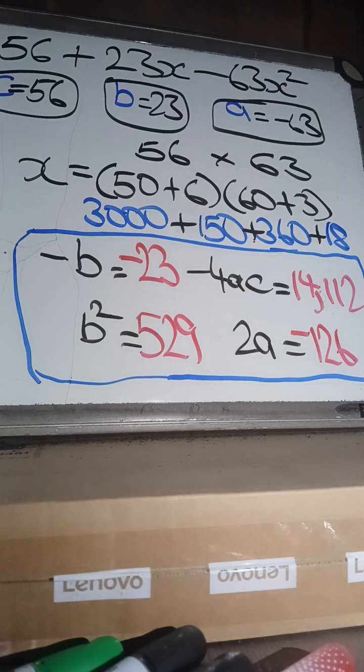Let me go again now. I want to be as careful with this as possible because you have 4AC different from minus 4AC. So minus 63 times 56, you end up with minus 3,528.